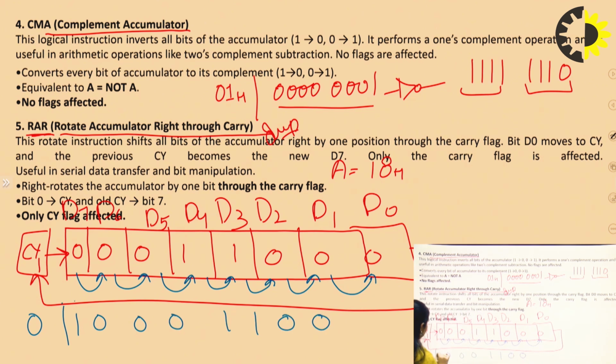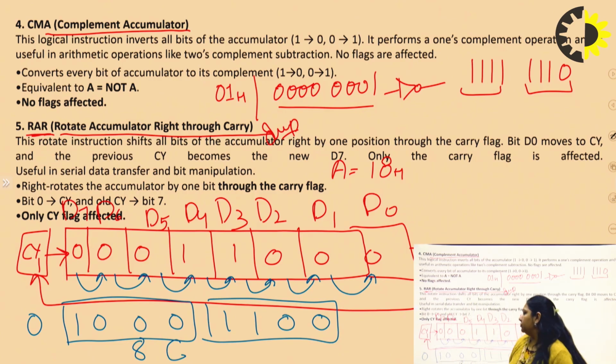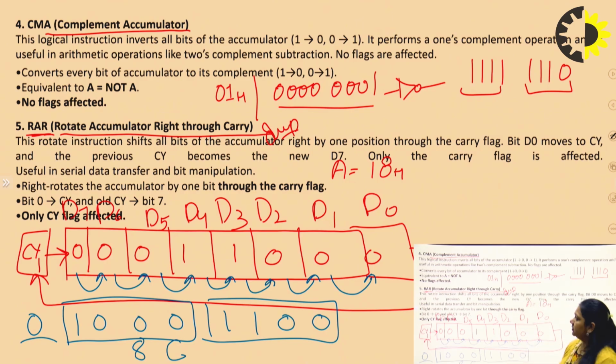So the answer is this and this. This is 8 and this is C: 8, 4, 2, 1, this is 12 and 12 is C, and the carry is now 0. So this is rotate right through carry.